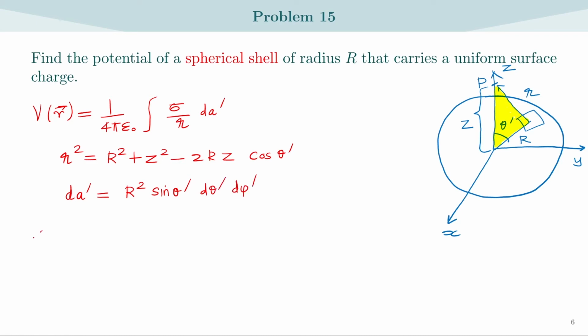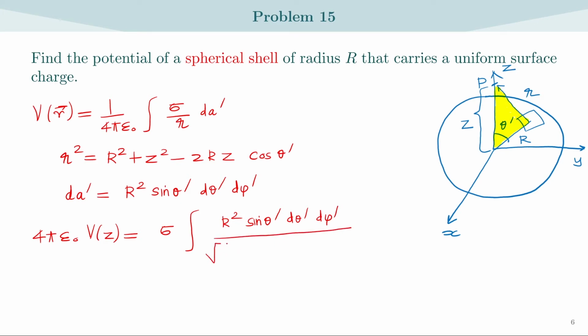Hence, this equation can be rewritten as 4πε₀ V(z) = σ ∫ R² sin θ′ dθ′ dφ′ over √(R² + z² − 2Rz cos θ′).